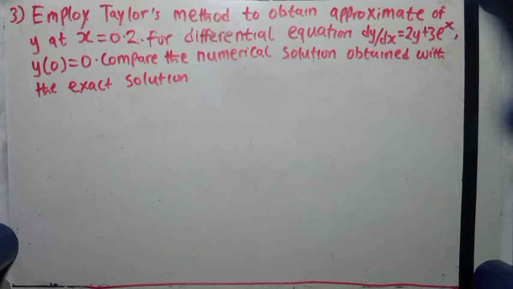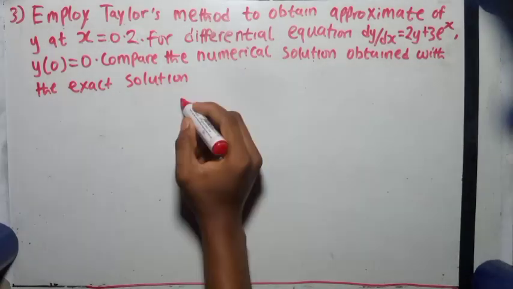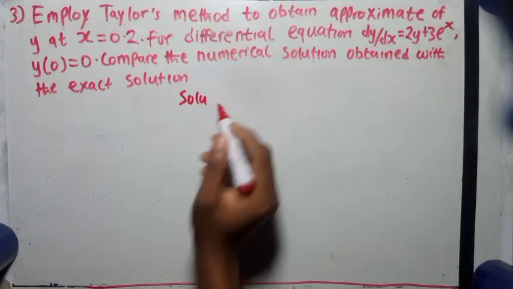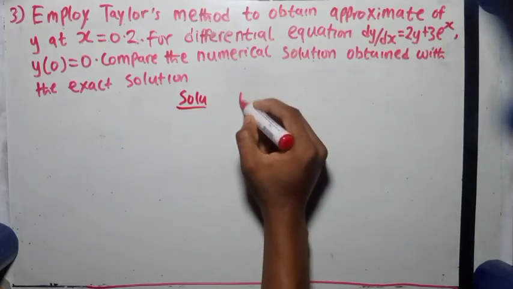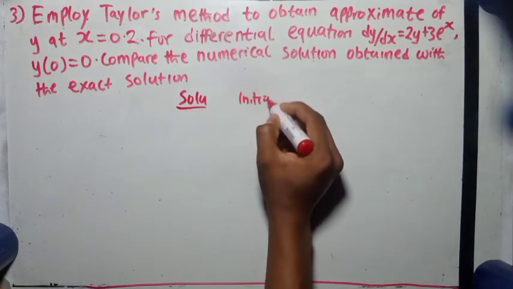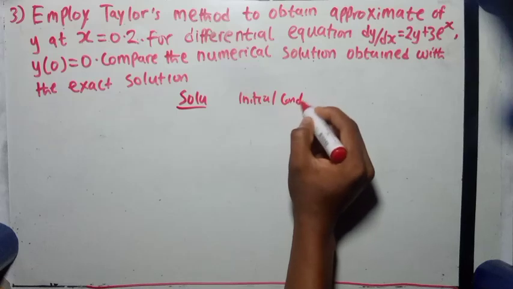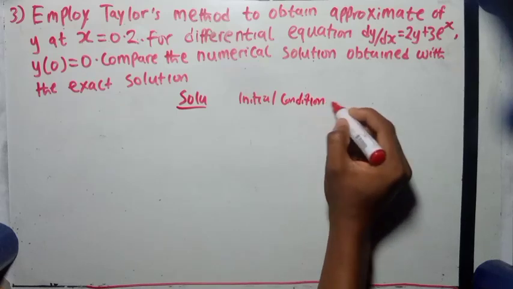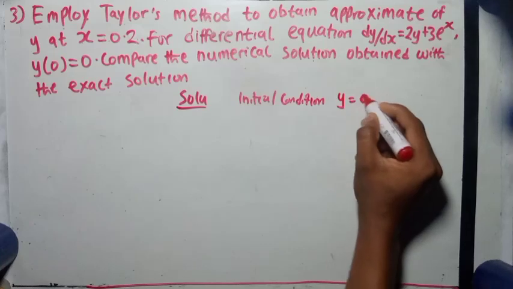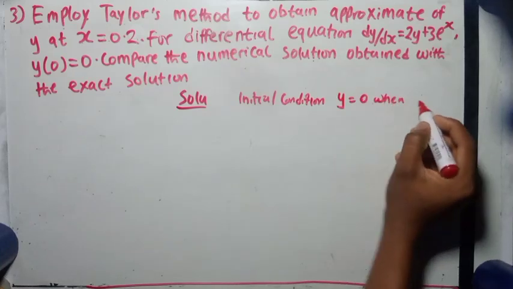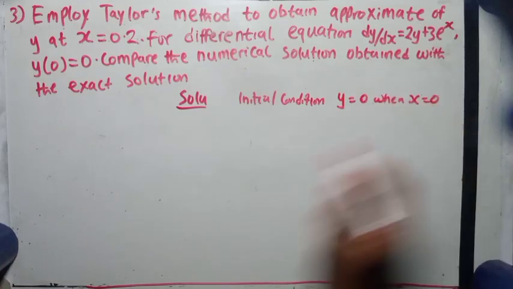First, let's do the one we are sure of, which we have been learning all this while: the Taylor's method. Remember our initial condition is that y is 0 when x is 0.